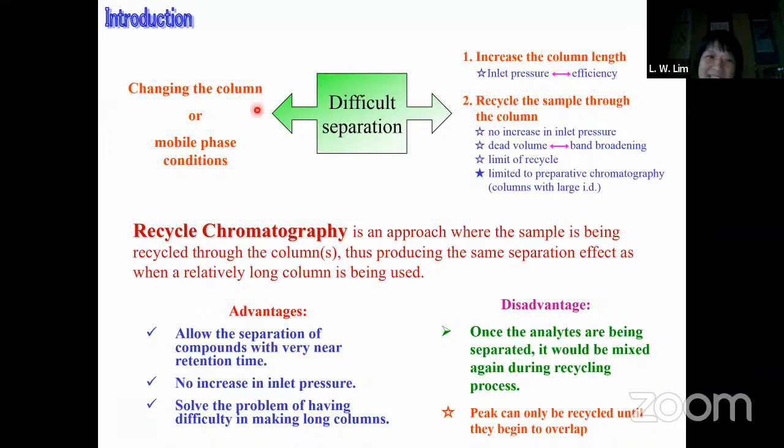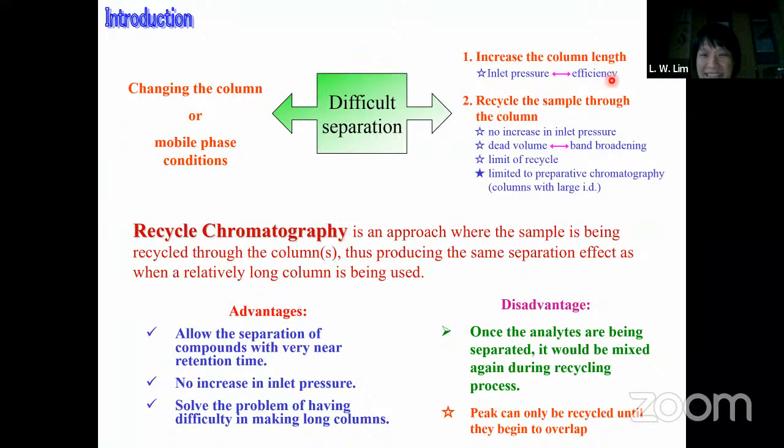So this is the normal way when you want to improve the separations. So another one is, if you have another column which is free, I mean, which is not used, you can connect two columns, because when your column becomes longer, you can have a better separation.